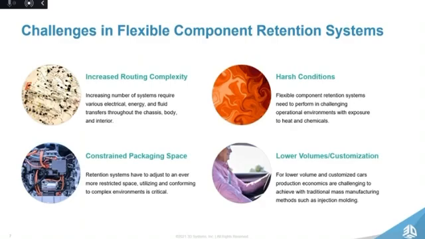Constrained packaging space. I've never really been in a situation in automotive where we haven't had constrained packaging. It seems to be something engineers are continually fighting over, making sure they've got clearances and so on that protect those types of components.